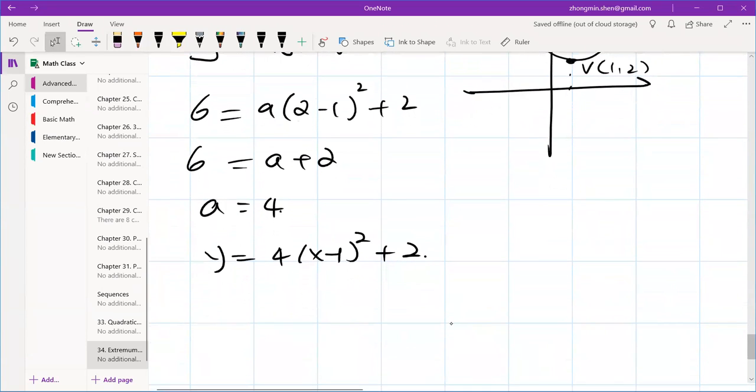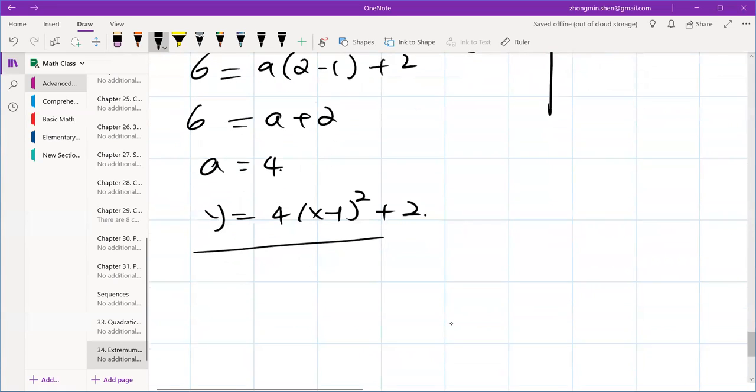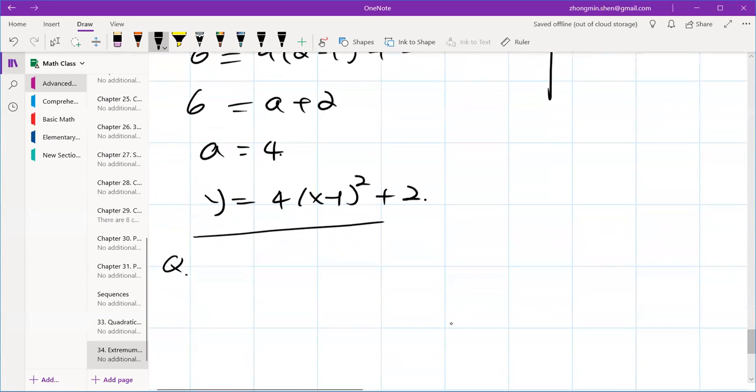Okay. Now let's talk about applications. We're going to do some applications. You see, this is a good application. All right, so a rectangle has a perimeter. This is a rectangle.